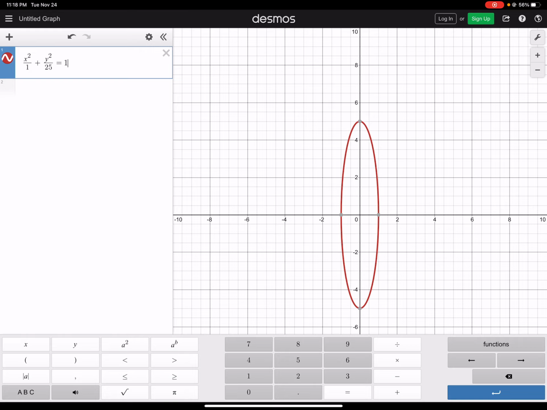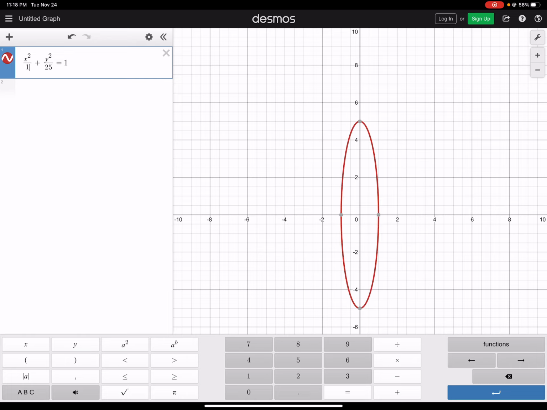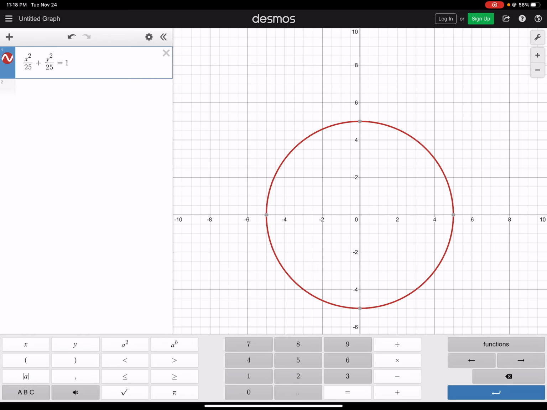So I just showed you there if there is a 1, it would change. And if we made it into a 16, it got more close to circular. And as a matter of fact, if I change it to a 25, it's a perfect circle.